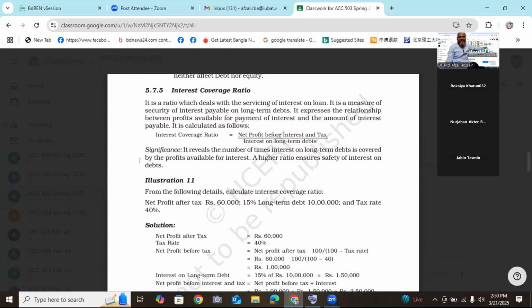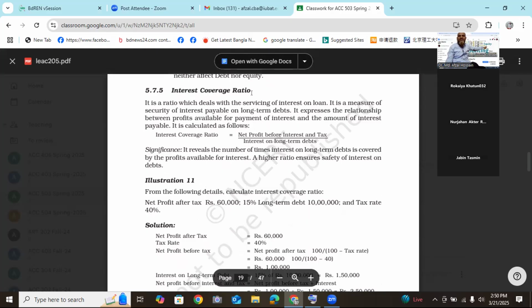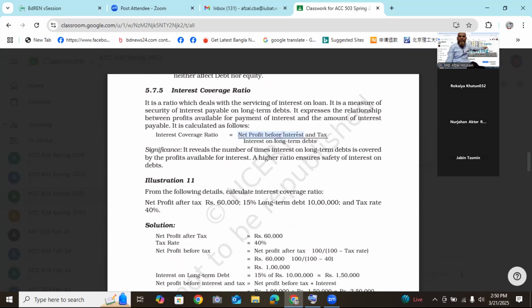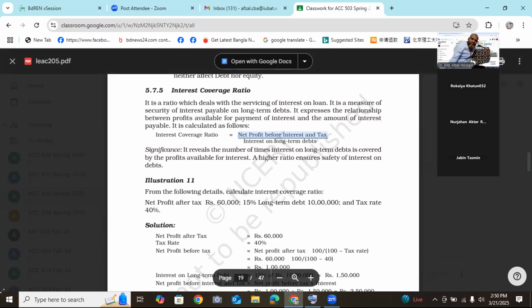This is called the interest coverage ratio. Our formula is net profit before interest and tax, or EBIT, earnings before interest and tax.